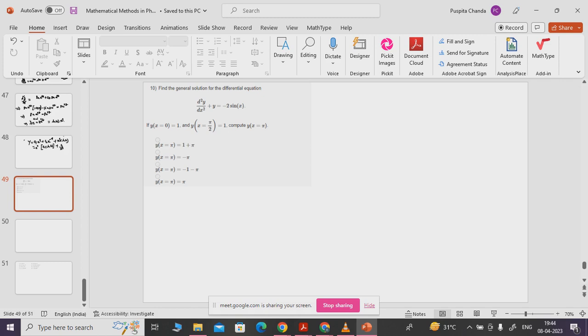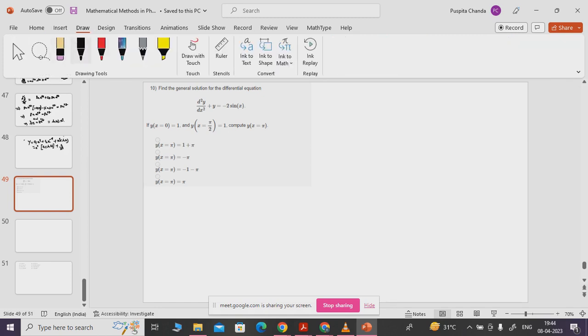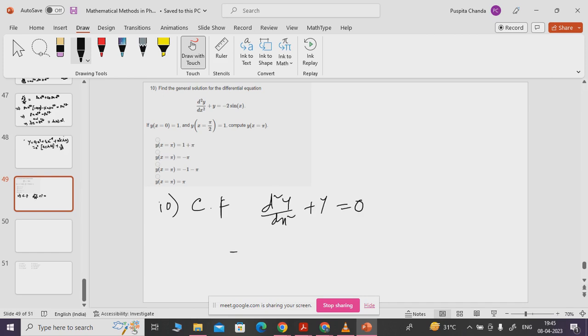So now we will solve question number 10. First, the complementary function: d2y/dx² + y = 0.